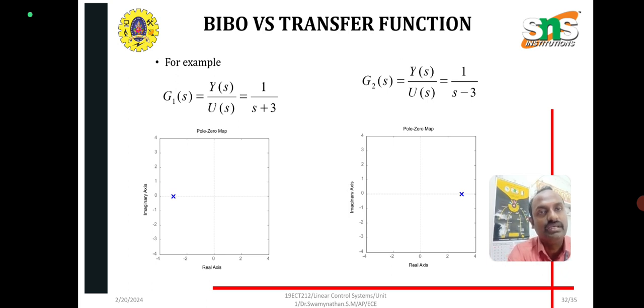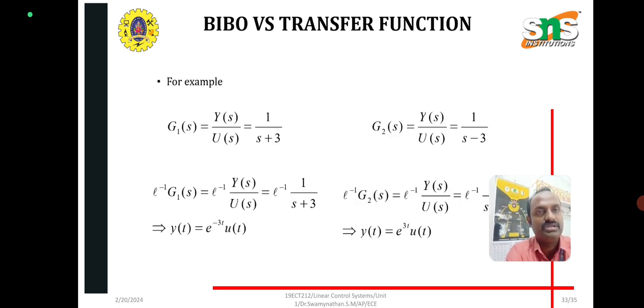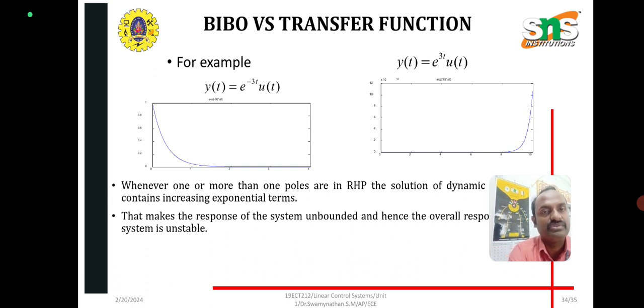For example, Y(s) divided by U(s) equals 1 by s plus 3, and G2(s) is equal to Y(s) divided by U(s), that is 1 divided by s minus 3. You can get the different output values of the functions. From the Laplace transform, you can draw e power minus 3t u(t) and e power 3t u(t), two different waveforms.